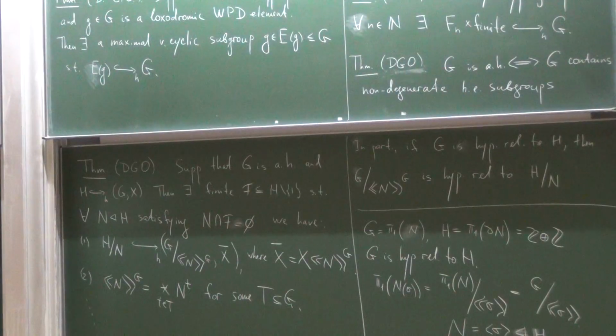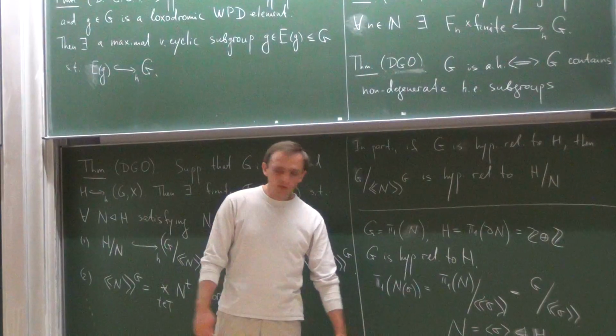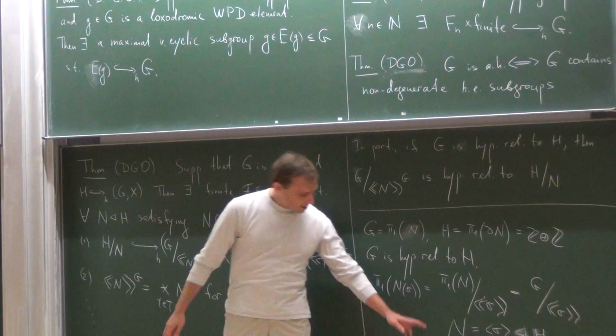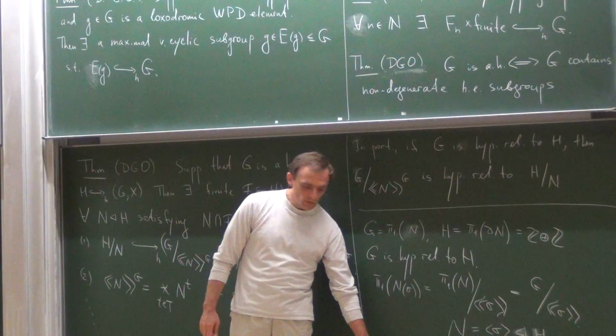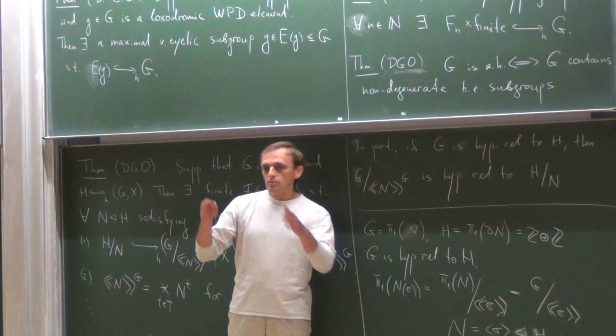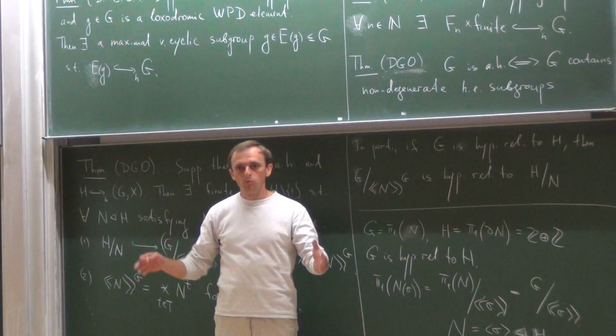If you want the resulting thing to be a manifold, sigma should be a primitive element, in which case H mod N is cyclic. If you are willing to deal with orbifolds, in which case the theorem is also true, it will be virtually cyclic. Now you have a group which is hyperbolic relative to a virtually cyclic subgroup. Being hyperbolic relative to a hyperbolic group is the same as being hyperbolic.